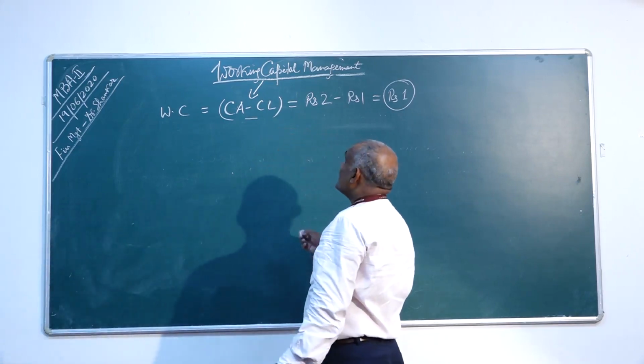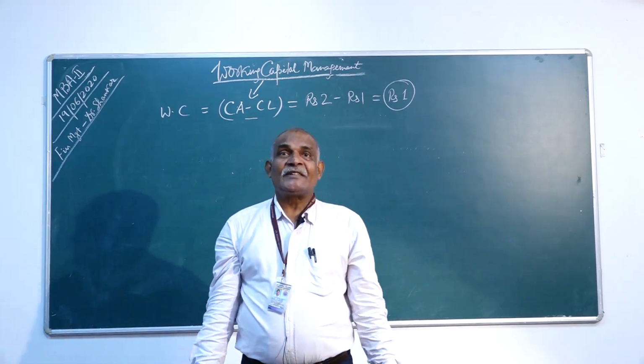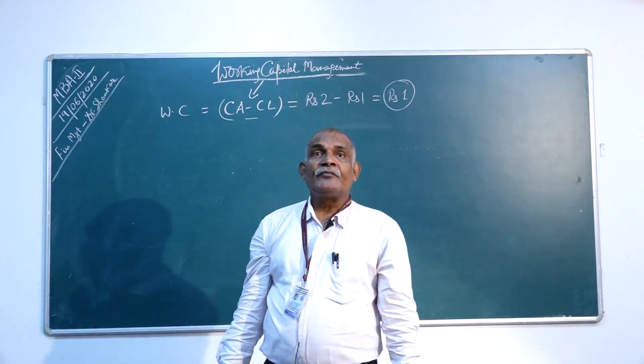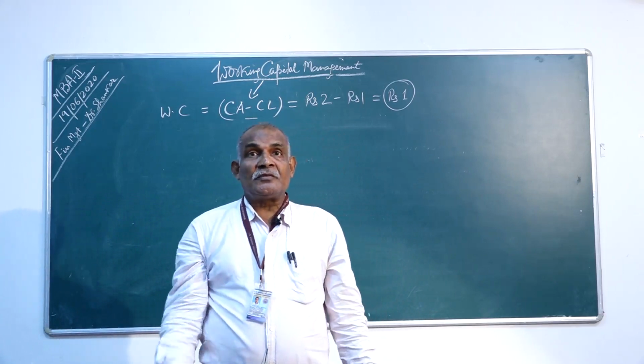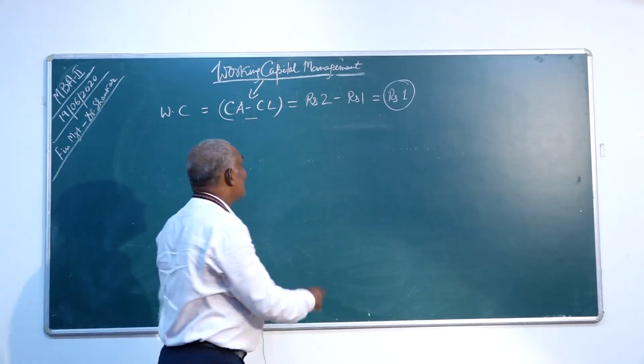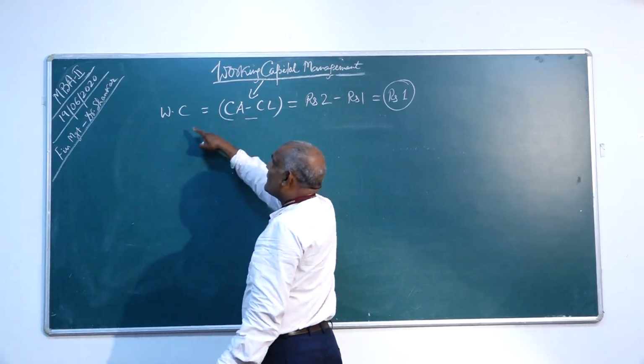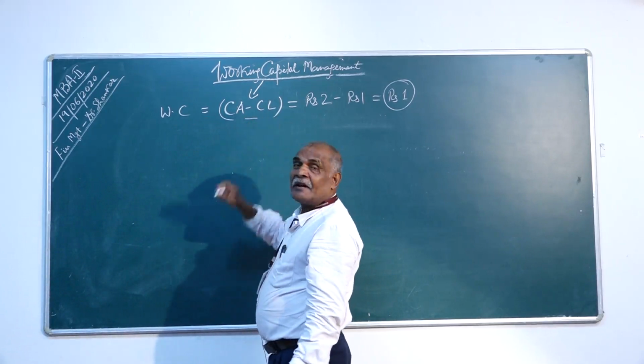Now, in business, we want to know the cycle of working capital, the operating cycle. Because we know working capital is current assets minus current liabilities.